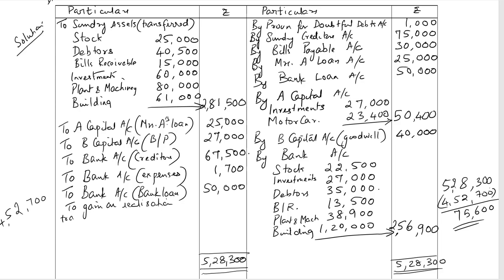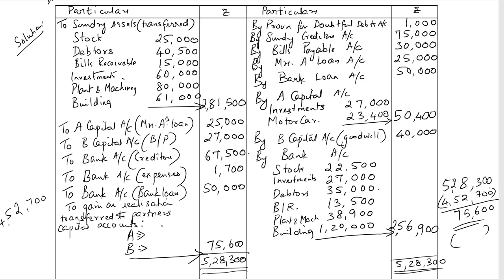So to gain on realization transferred to partners' capital accounts A and B, the total gain transferred 75,600.